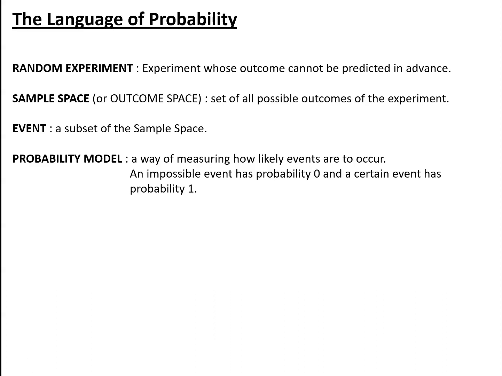An impossible event has a probability of 0, and an event that is certain to occur has probability 1. All events will have a probability that lies between 0 and 1.